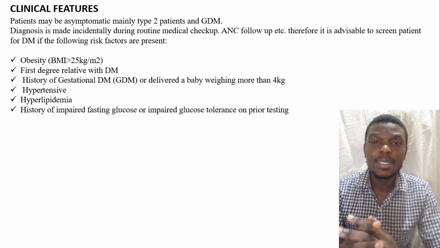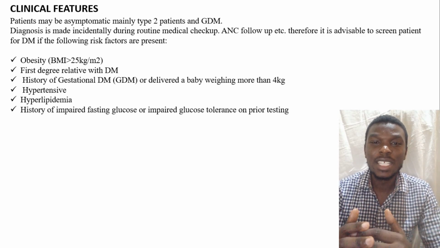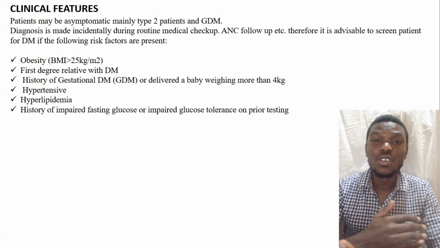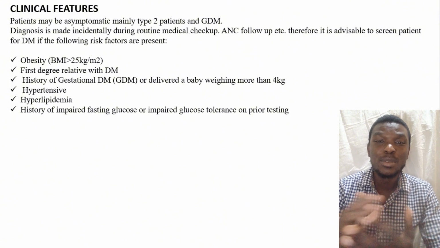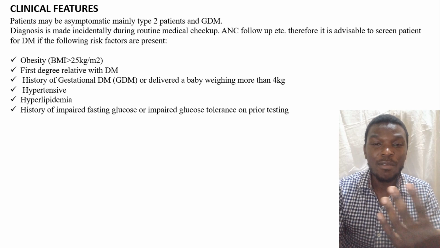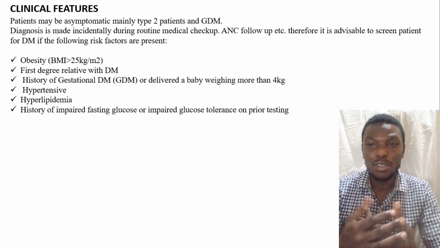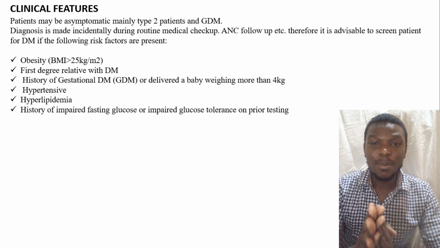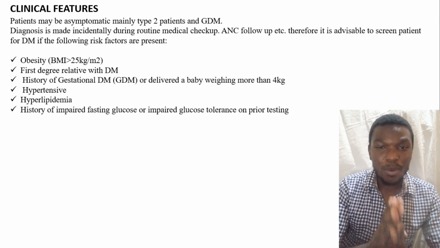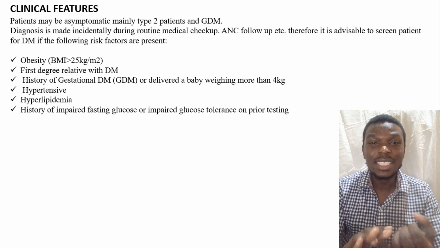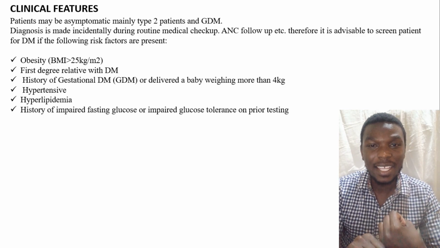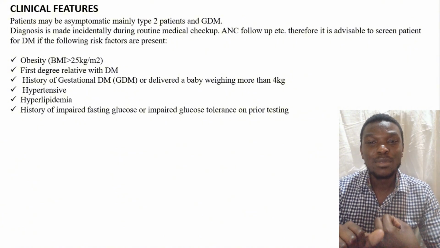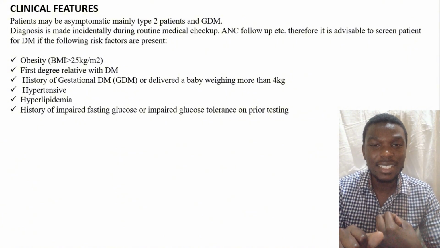So now let's look at some general signs and symptoms of patients that are diabetic. These symptoms will overlap between type 1 and type 2. Of course, some patients, like type 1, will present mostly with DKA, and type 2 will present with HHS.